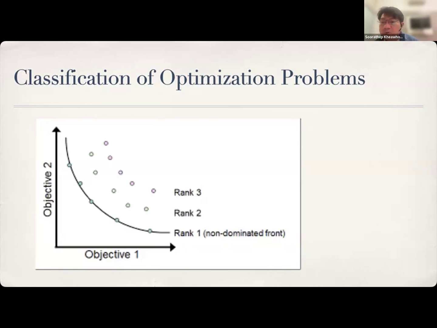All those are static optimization problems because all the constants inside are already fixed. It's already static. It's not stochastic.